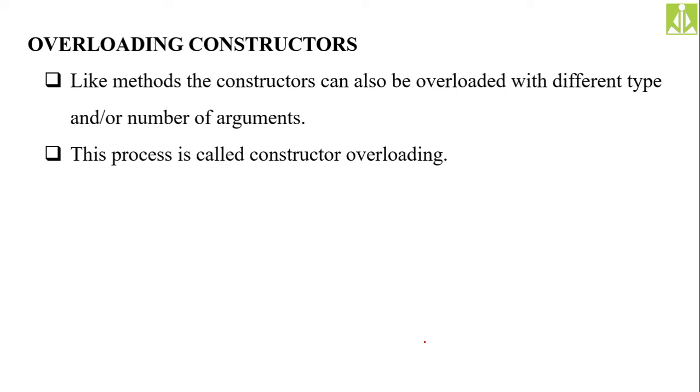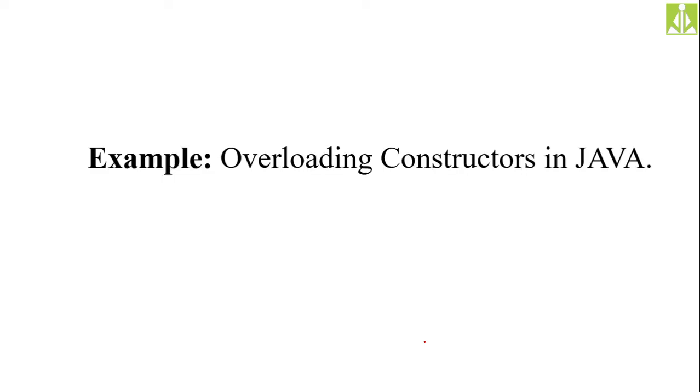Overloading is nothing but giving multiple bodies, more than one body, for the constructor, and the compiler differentiates between those bodies based on the number of parameters or the type of parameters that you pass to the constructors or to the methods. The process of doing so is called constructor overloading. So once again, we need to demonstrate the constructor overloading concept in Java.